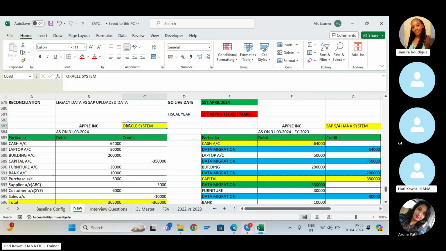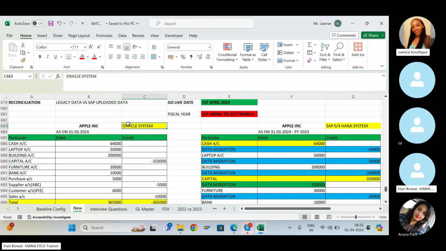So make sure you are using proper decimals and number formatting. Better to first extract the legacy data into Excel and do the reconciliation in Excel with the legacy system. Then only you load into SAP.